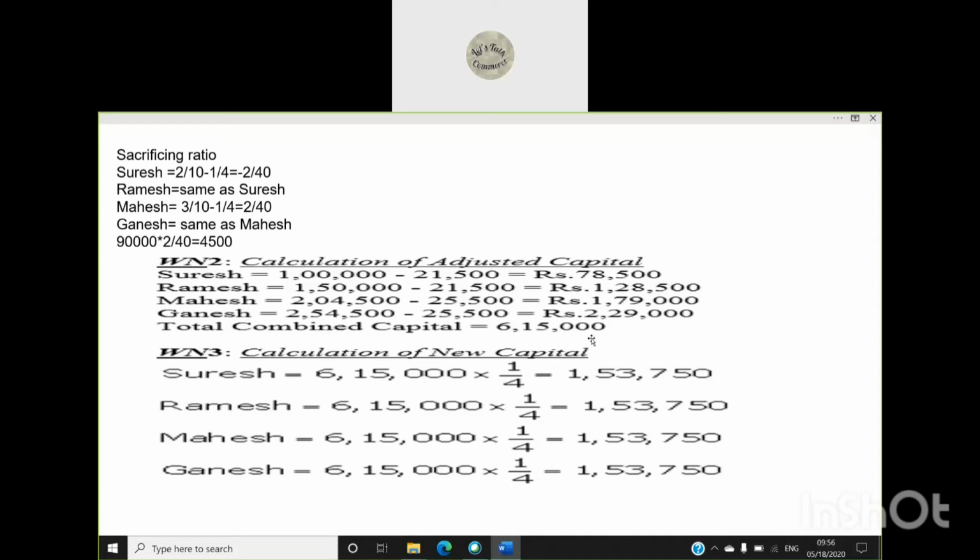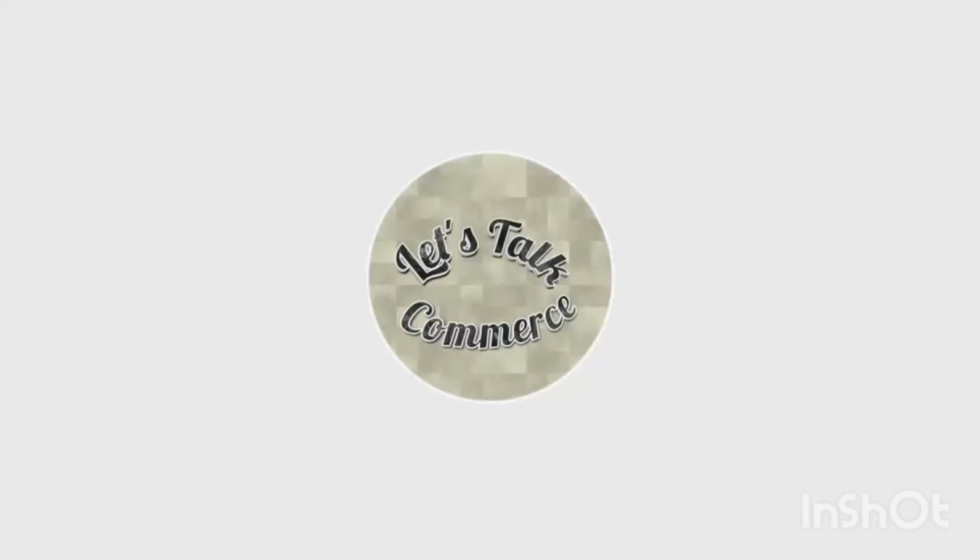So Suresh capital according to the new profit sharing ratio will be total capital of the firm into new PSR, 1,53,750. Ramesh will be this. Everyone has the same capital according to the new profit sharing ratio because they have equal profit sharing ratio. Now what we will be writing in the two balance carried down will be the same.